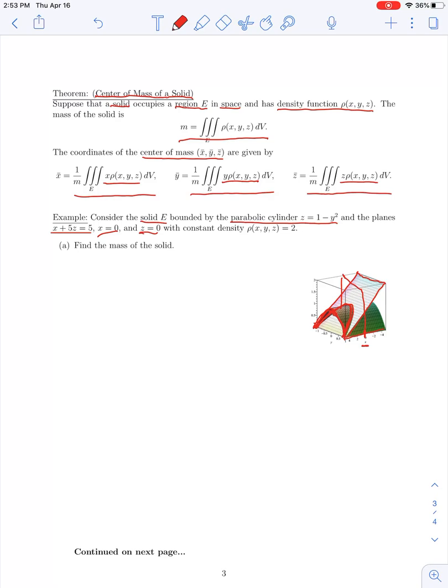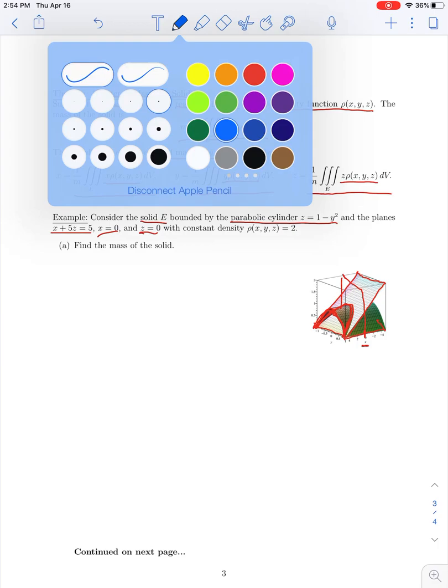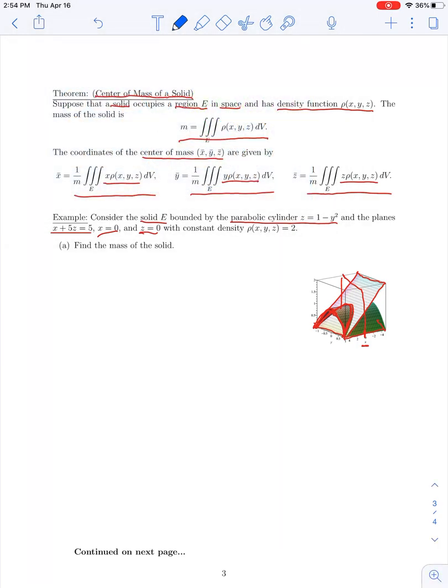That is our plane down here in the bottom portion of our figure. So let's see if we can describe or highlight the region that we're talking about. So it's bounded by the YZ plane, this plane, the XY plane, and our parabolic cylinder here.